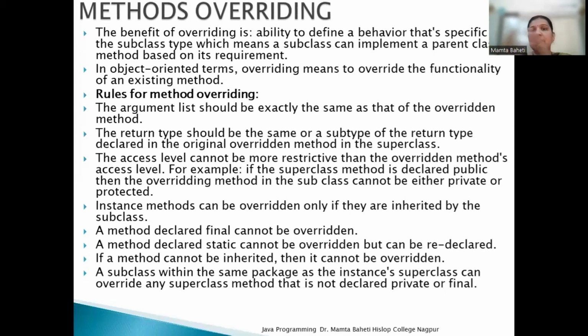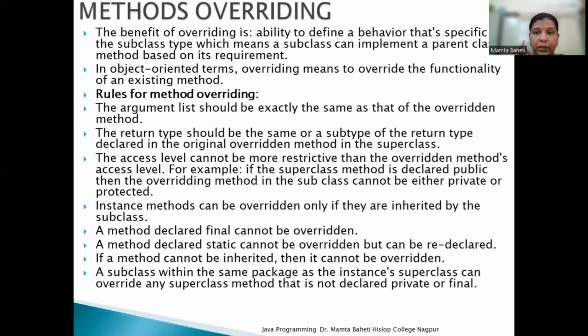Its body is developed in the subclass, and whatever functionality you provide to that method, the basic structure is the same. The basic structure means return type, count of parameters, name of the method; these all will be exactly the same. Only the change will be in the working of that particular body. That is called method overriding.